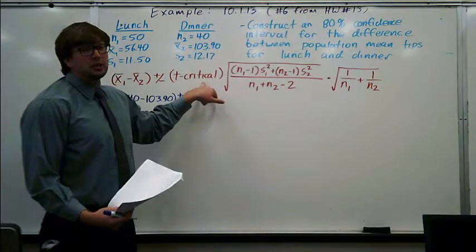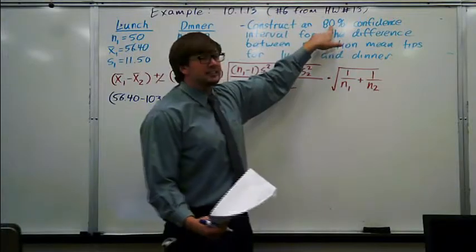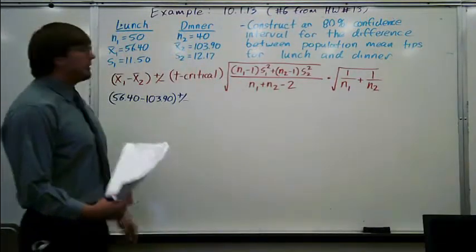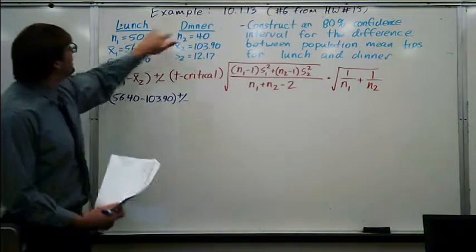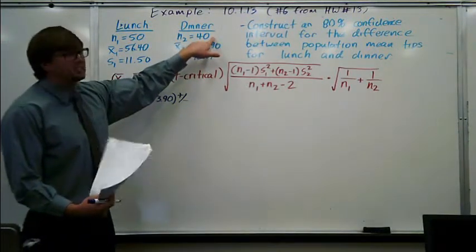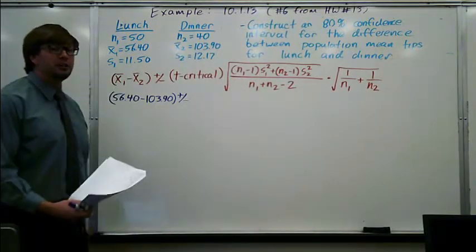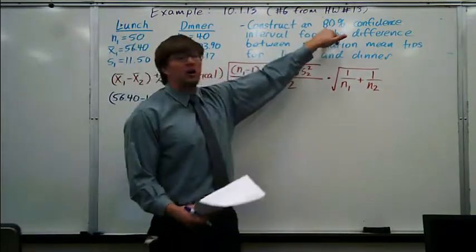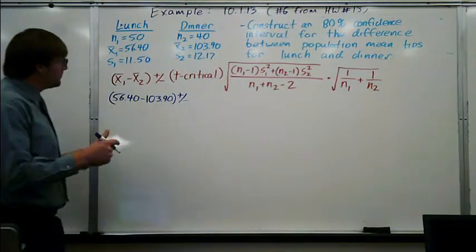Again, our t critical value is based on the degrees of freedom and the confidence level. Since we have two different samples here, the degrees of freedom is sample size 1 plus sample size 2, which is 90, subtract 2, which is 88. So we're going to look up degrees of freedom of 88 at the 80% confidence level, and I got a t critical value of 1.29.